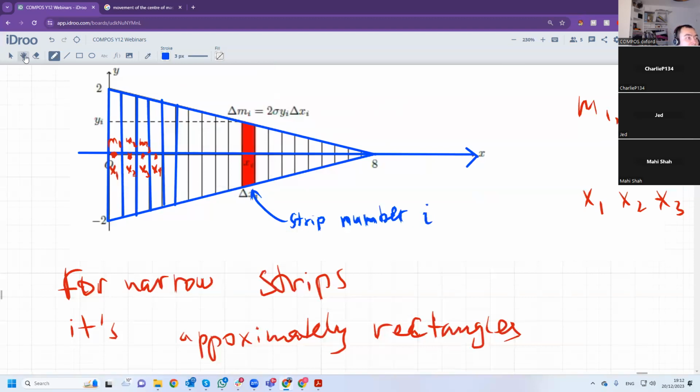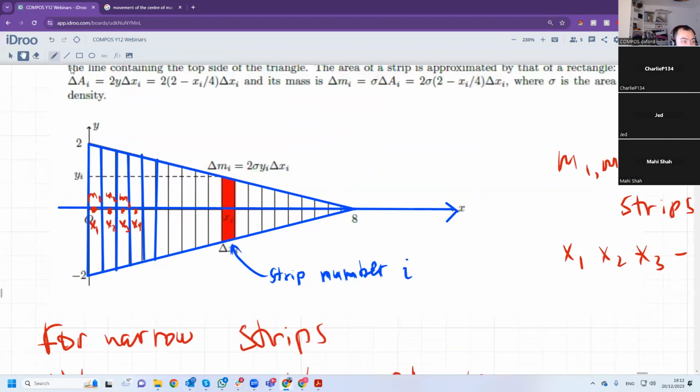And the mass of that strip, well, it's a rectangle, right? The height of this rectangle is y, so the length of this rectangle is 2y. The width is delta x, delta xi.